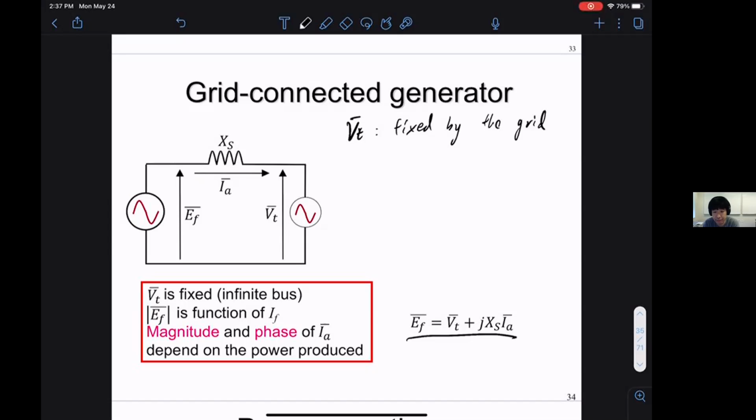So the idea now is to figure out how much power I can deliver to the system, right? And figure out, is there a maximum power I can deliver to the system? And how does that depend on the voltage and angles?